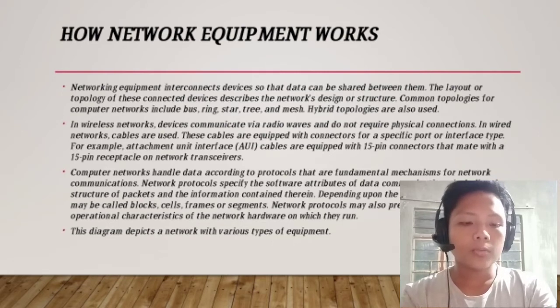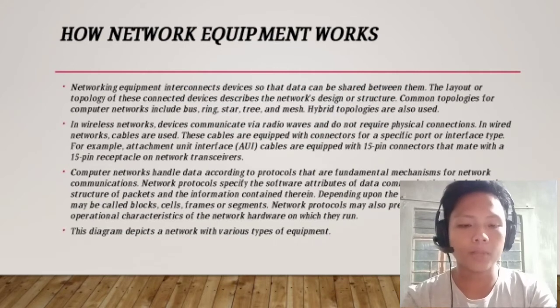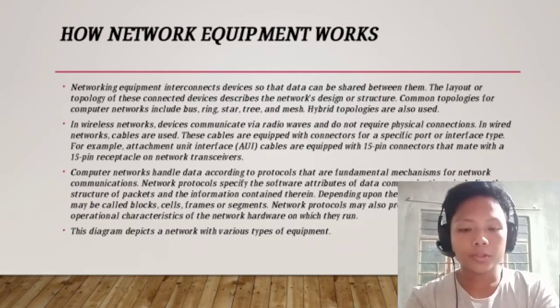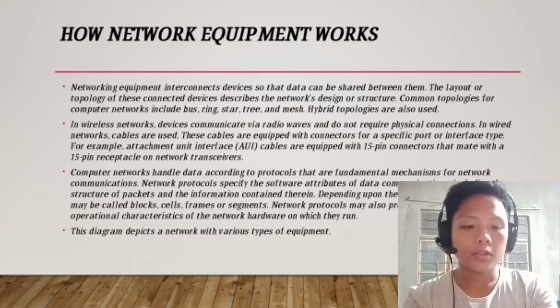Common topologies of computer networks include bus, ring, star, tree, or mesh. Hybrid topologies are also used. In wireless networks, devices communicate via radio waves and do not require physical connections.